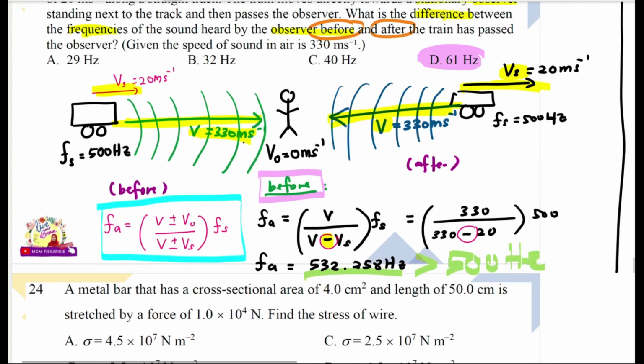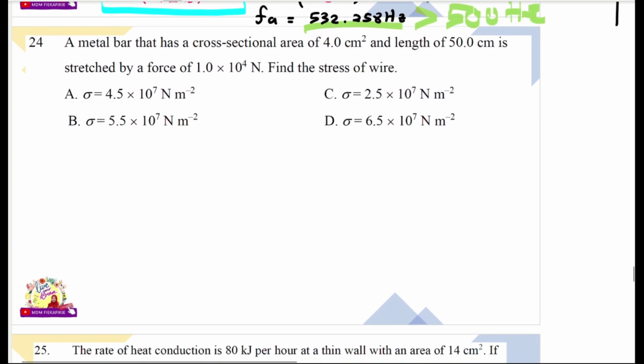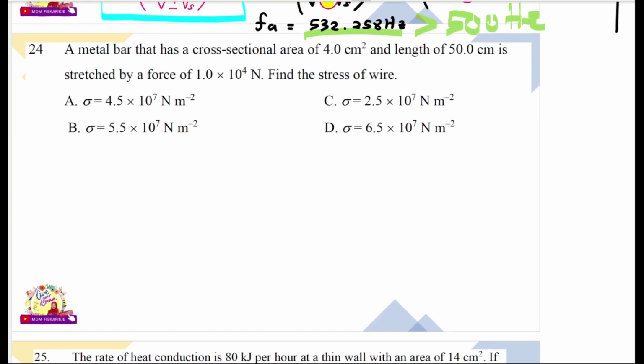So this is from chapter 11. Okay. So a metal bar that has cross-sectional area of 4 cm squared. So A, check. Dia bagi dalam 4 cm squared. Tolong tukar kepada meter squared. Kalau tak tahu tukar, tak boleh lagi you nak pergi ambil exam. Nanti salah.